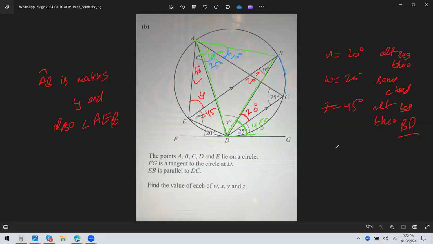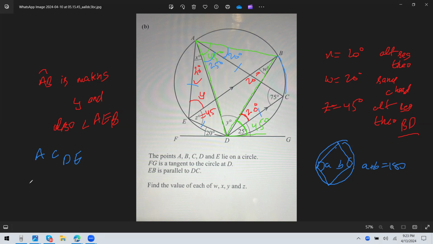Opposite angles of a cyclic quadrilateral are supplementary. Remember, these two angles are always supplementary. So look at this quadrilateral ACDE.